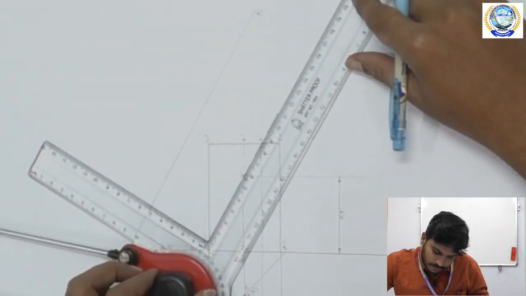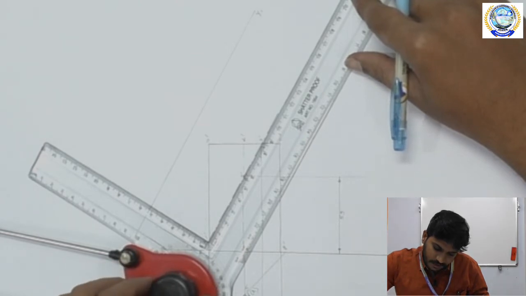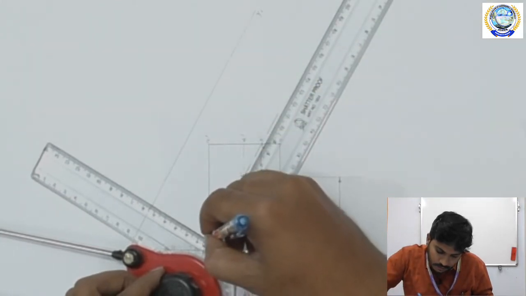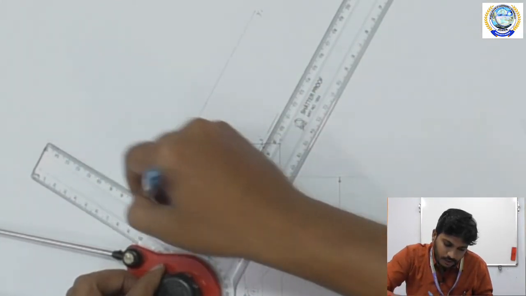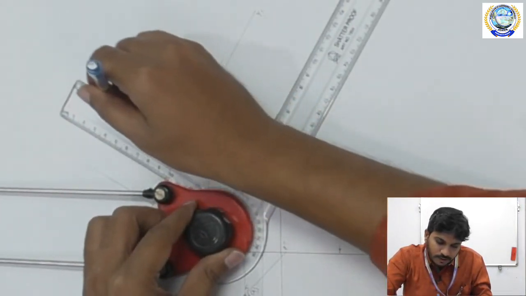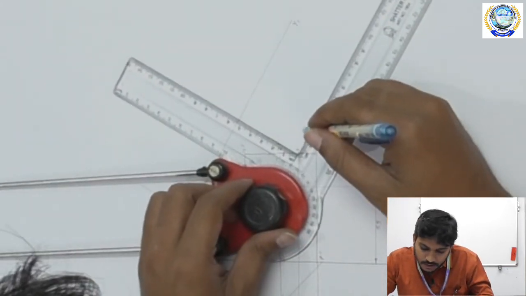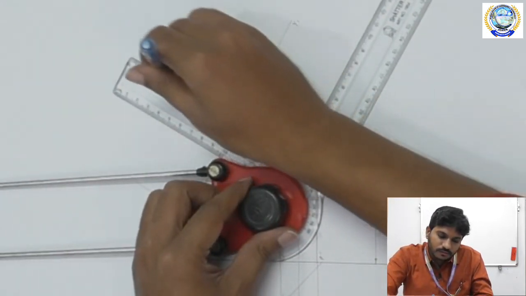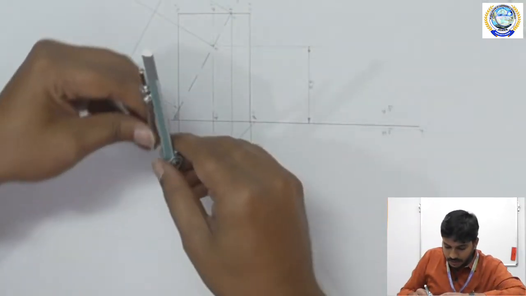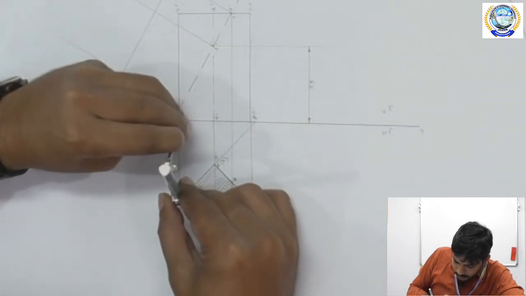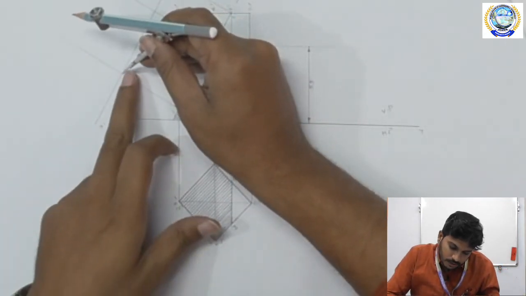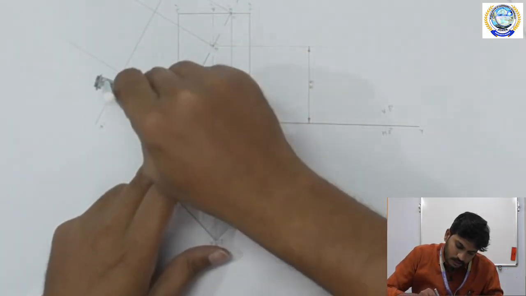From this sectional cutting plane, we have to draw perpendicular lines from the cutting points 1 dash, 2 dash, 5 dash, 3 dash, 4 dash. And then take the distance from this base point to here and project this distance.